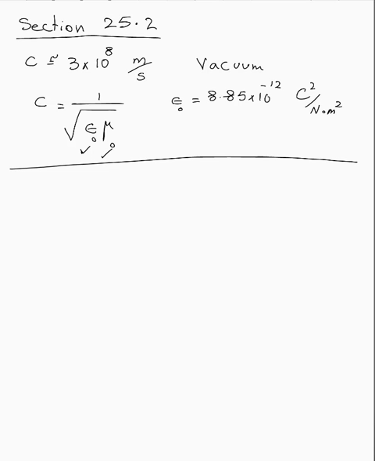And then we have the constant mu naught, which is 4 pi times 10 to the power of negative 7 tesla meter per amp, which plays an equivalent role for the magnetic field. Now, if you simply put these in this equation, you should get the same number for the speed of light in vacuum.